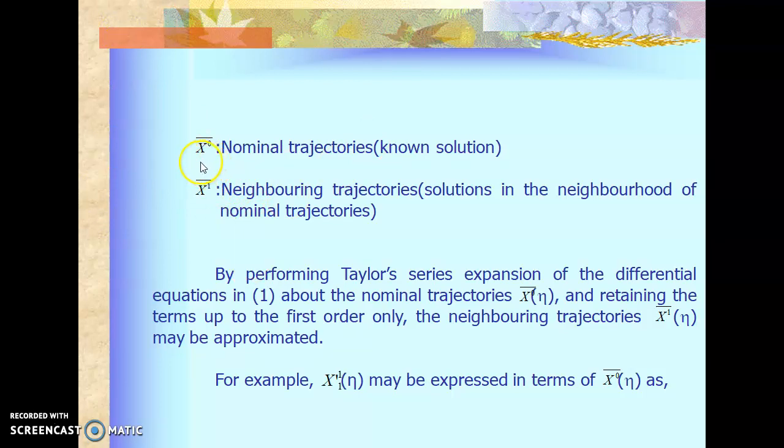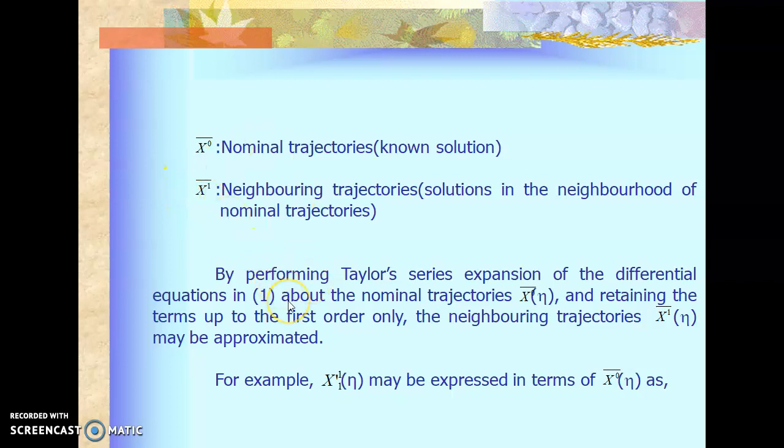This x naught is called the nominal trajectory, which is the known solution. For example, for the first iteration, the initial guess is the nominal trajectory. And x1 is the neighboring trajectory. That means the solution you get after the first iteration is this x1.